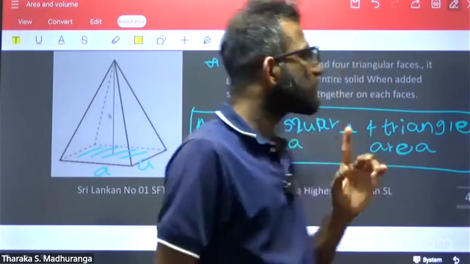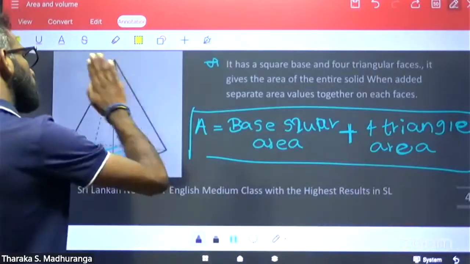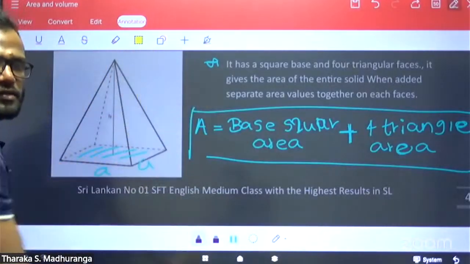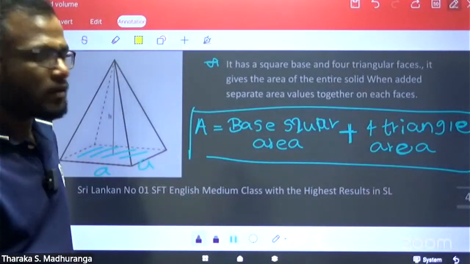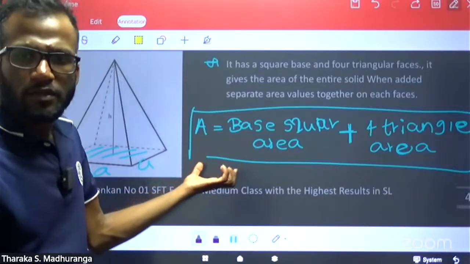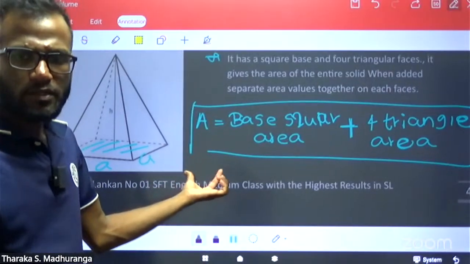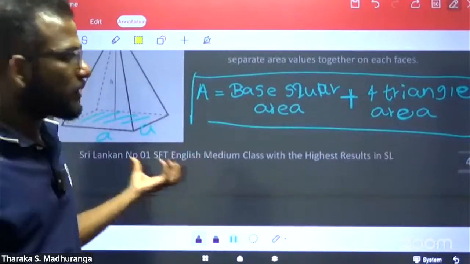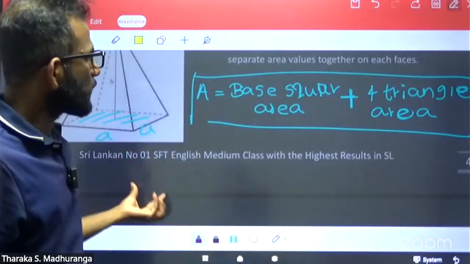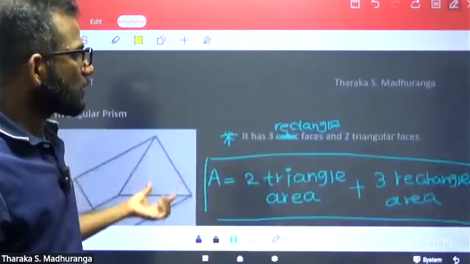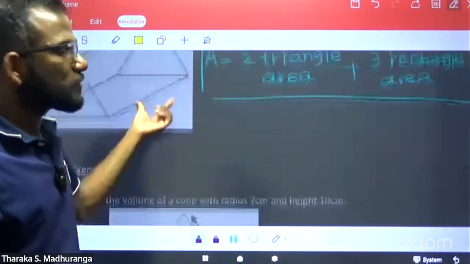You have to get this triangle separately and add them together. By a squared you can get the base square, the base area. Okay, this one also same.